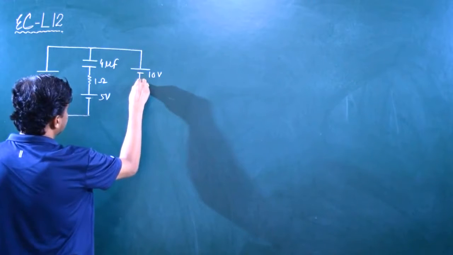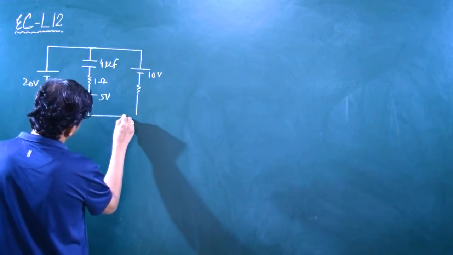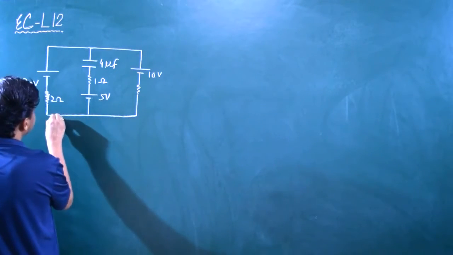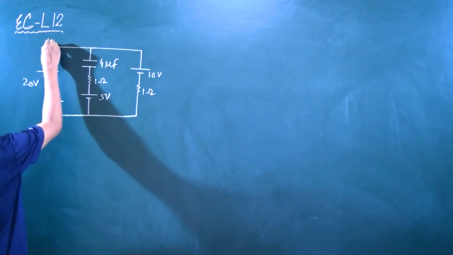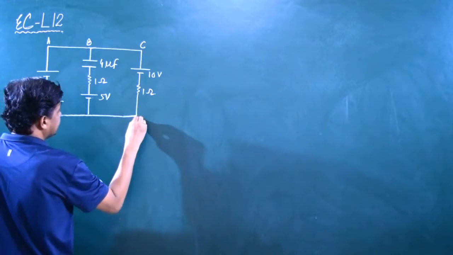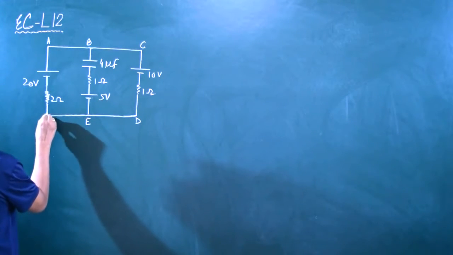It is of 10 volt. And this resistance is now 1 ohm. This point is A, B, C, D, E and F.